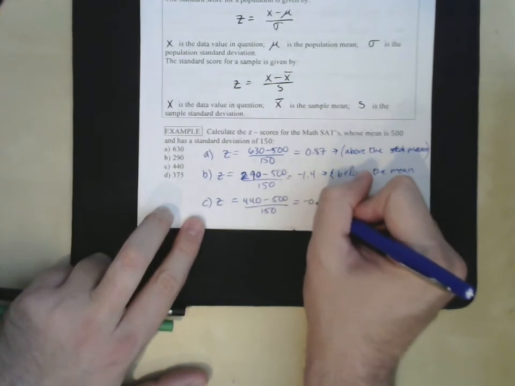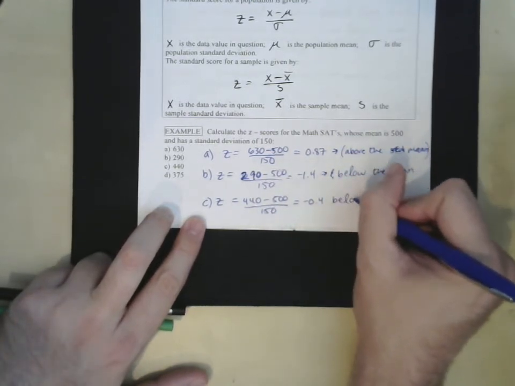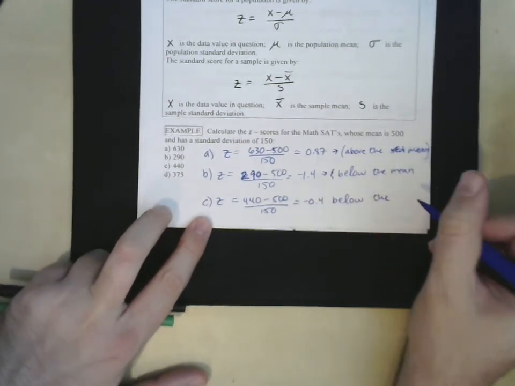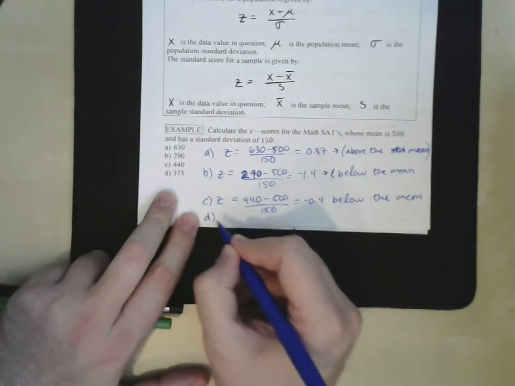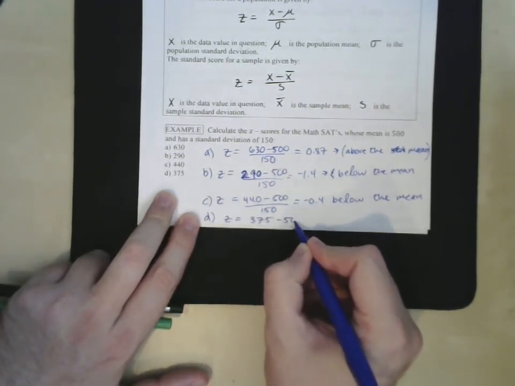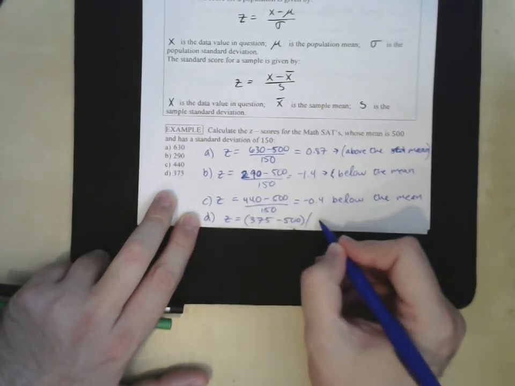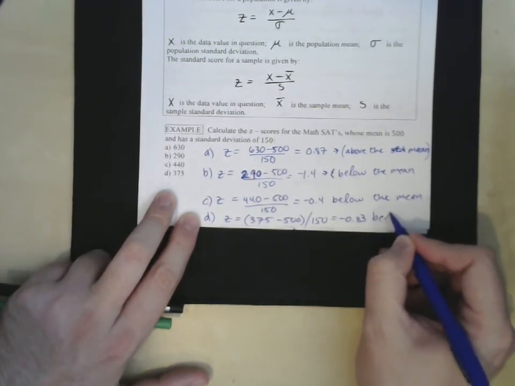This is negative 0.4. This is below the mean. And D, z equals (375 minus 500) divided by 150. And this equals negative 0.83, below the mean.